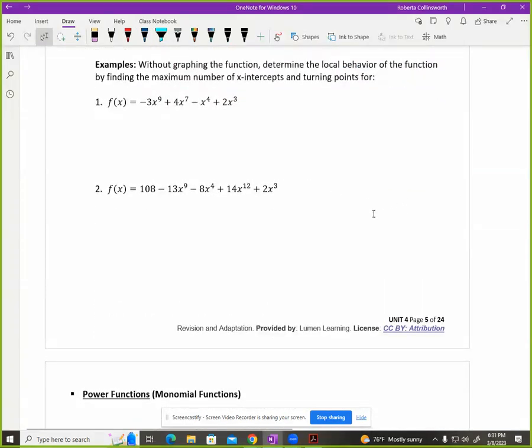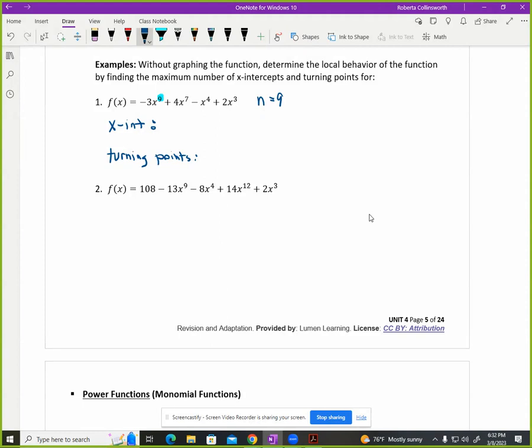Okay, so here's an example without graphing the function. We have just this function, and we want to determine the local behavior of the function by finding the maximum number of x-intercepts and turning points. So I'm going to write x-intercepts, and I'm going to write turning points. First of all, is this in descending order? Yes, it is. So I see that n equals 9.